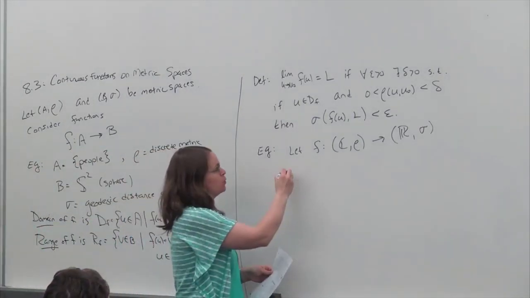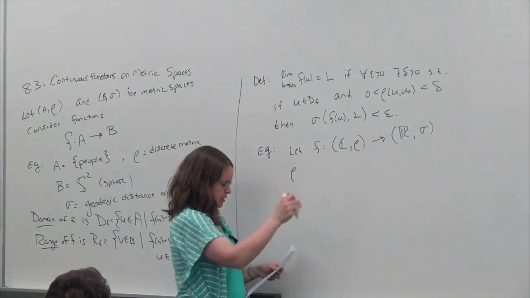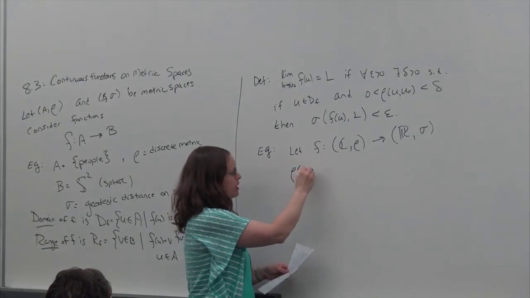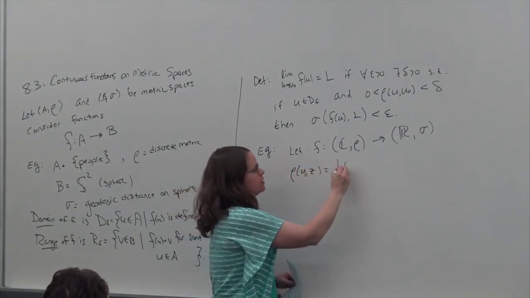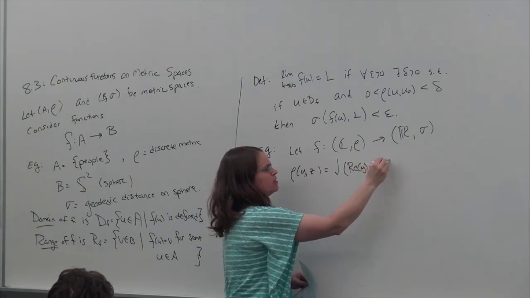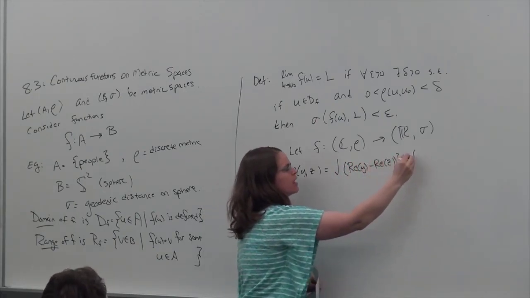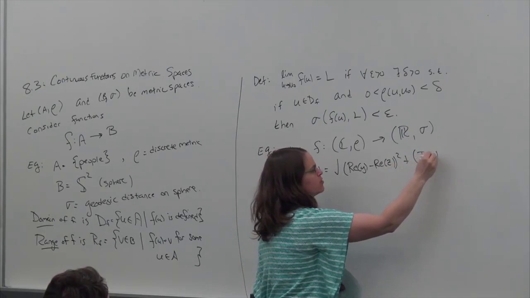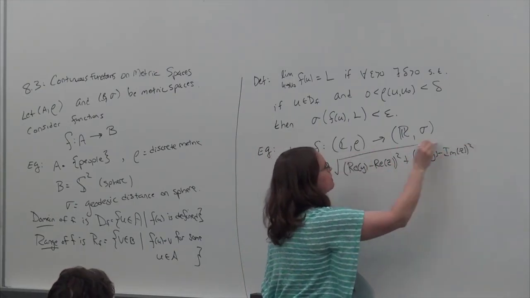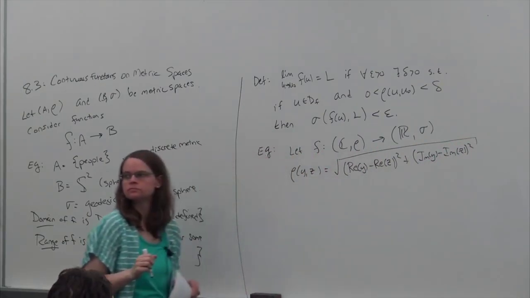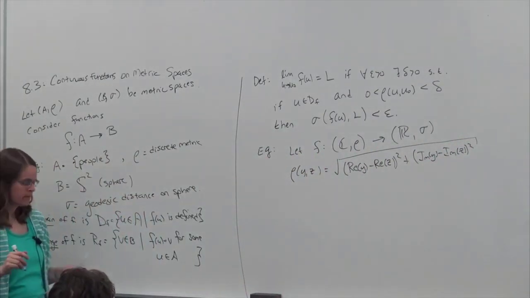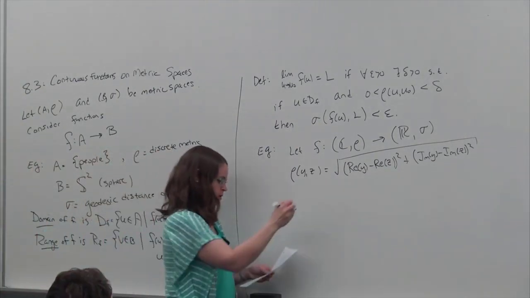Okay, and what is rho? Rho is going to be, so the distance between y and z is going to be the usual, all right, we compare the real parts and we compare the imaginary parts. And sigma can be our usual Euclidean metric.